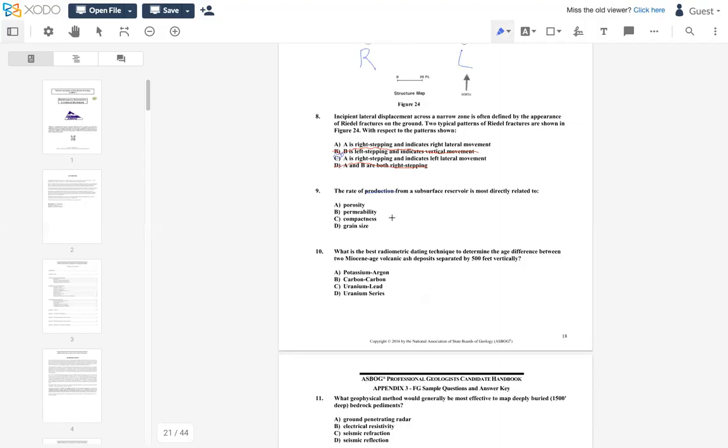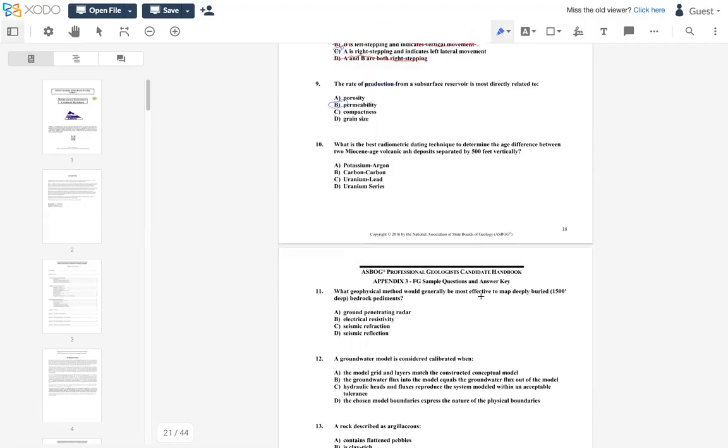And in this case, how well something is going to be flowing. That's going to be our ticket to getting more of the substance that we want. And so the geology word for that is permeability.